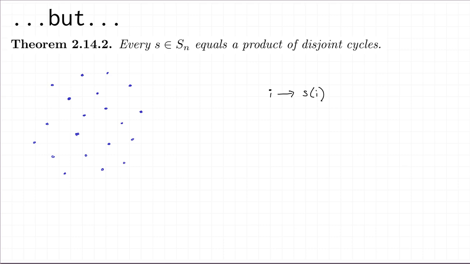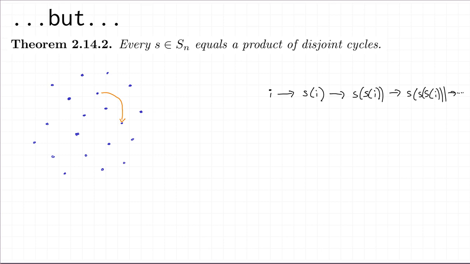And then I'm going to keep going, so I'll draw an arrow from S of i to S of S of i, and so on. So we're just going to keep going and going. So let's say we do this. We pick any number between 1 and n to start with, and we draw this arrow, and perhaps it looks like this. That's the first step.